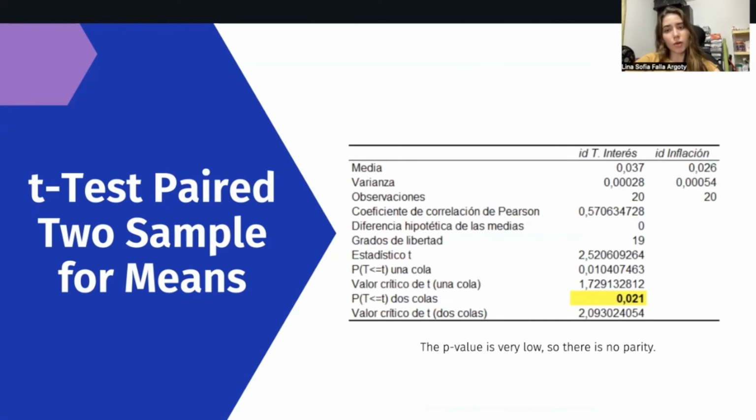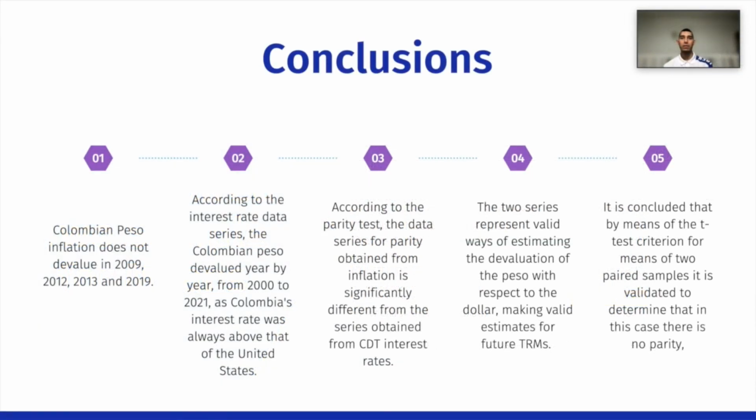As we can see in the table, we obtained a p-value of 0.021, and since it is less than the alpha of 0.05, we can say that the hypothesis is rejected, because there is only a 2.1% probability that the means are equal. So there is no parity between the rate of devaluation at parity of inflation and the rate of devaluation at parity of interest rates. We will end by drawing some conclusions about this work.